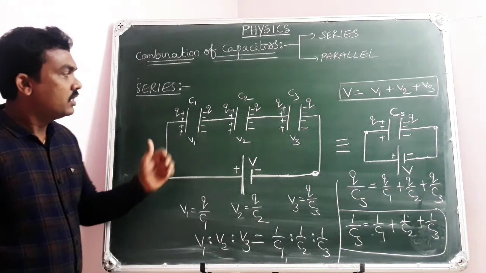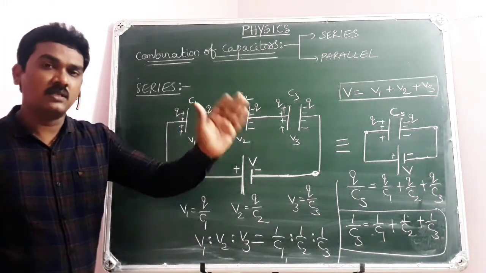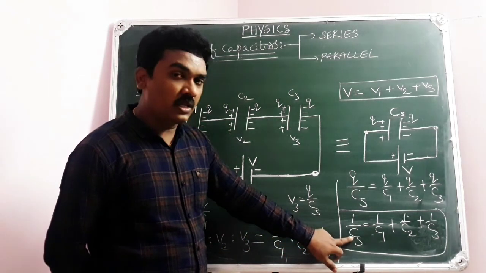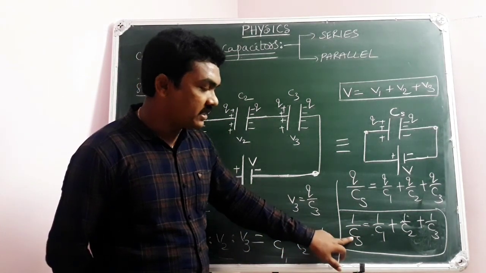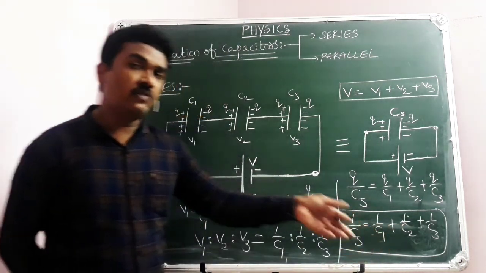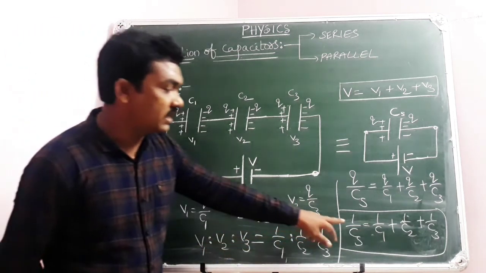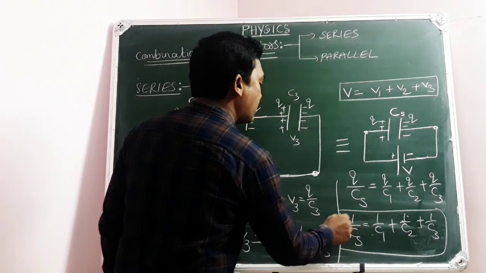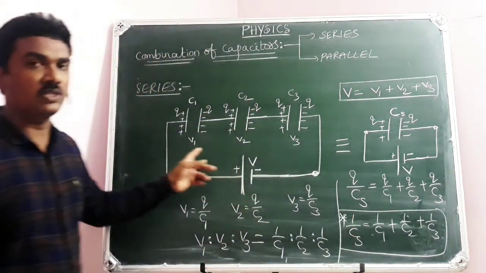So the conclusion is, if two or more capacitors are connected in series combination, then the reciprocal of equivalent capacity is equal to the sum of the reciprocals of individual capacitors that are connected in series. So this is the basic equation to calculate the equivalent capacity in series combination.